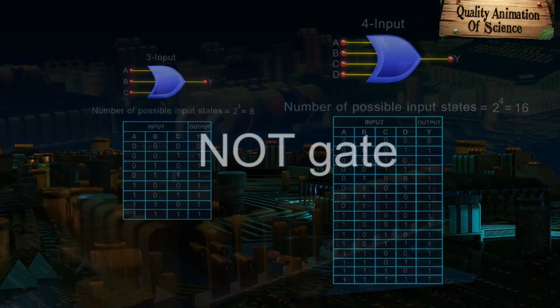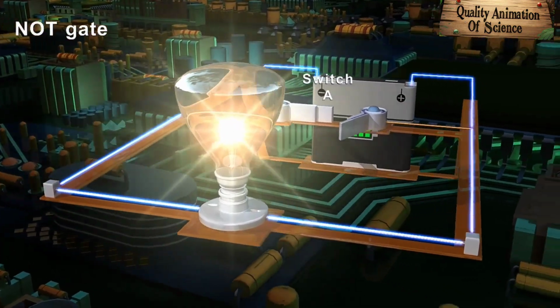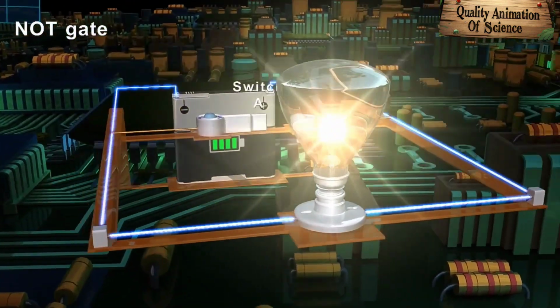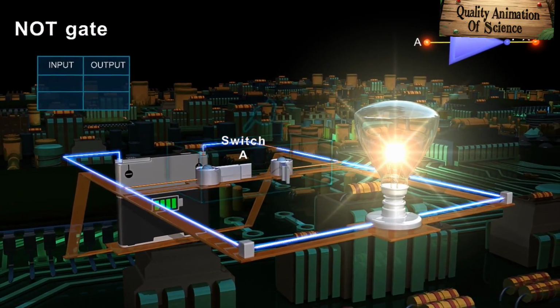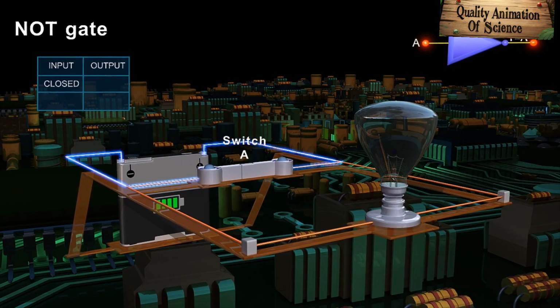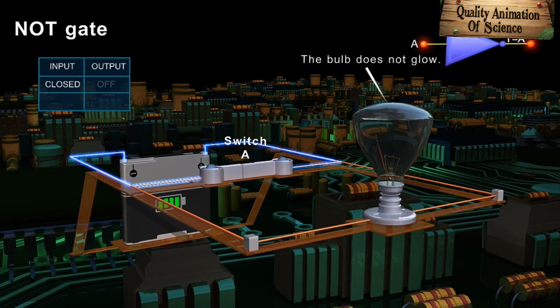NOT gate. This circuit is an analogy of the logic operation of a NOT gate. When switch A is closed, the current flows through the closed path and the bulb does not glow.